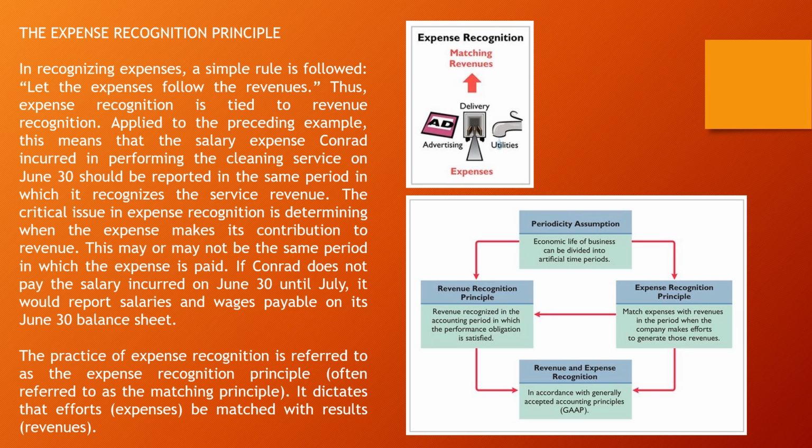Okay, so now the expense recognition. For recognizing expenses, a simple rule to follow is: let the expense follow the revenue.